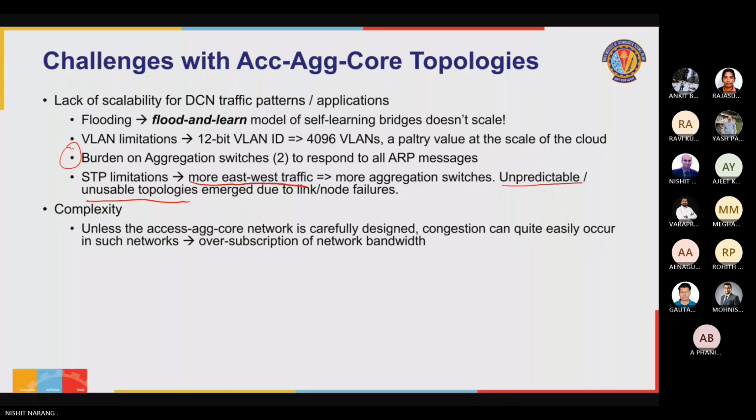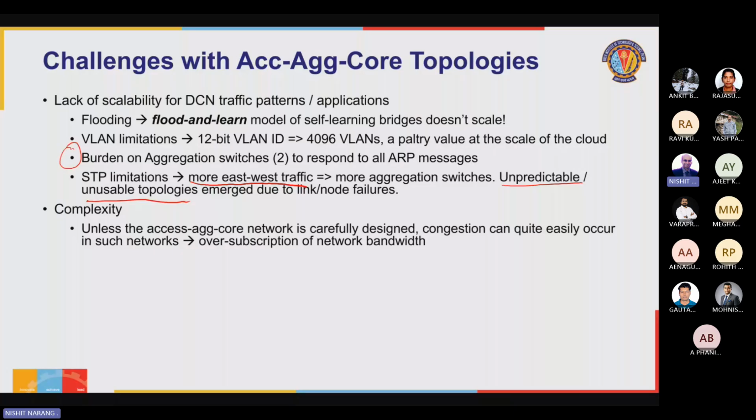So, okay, when you look at the complexity of a traditional access aggregation core network, we see that the amount of oversubscription of network bandwidth that I need in an access aggregation core network also needs a careful design. Why?